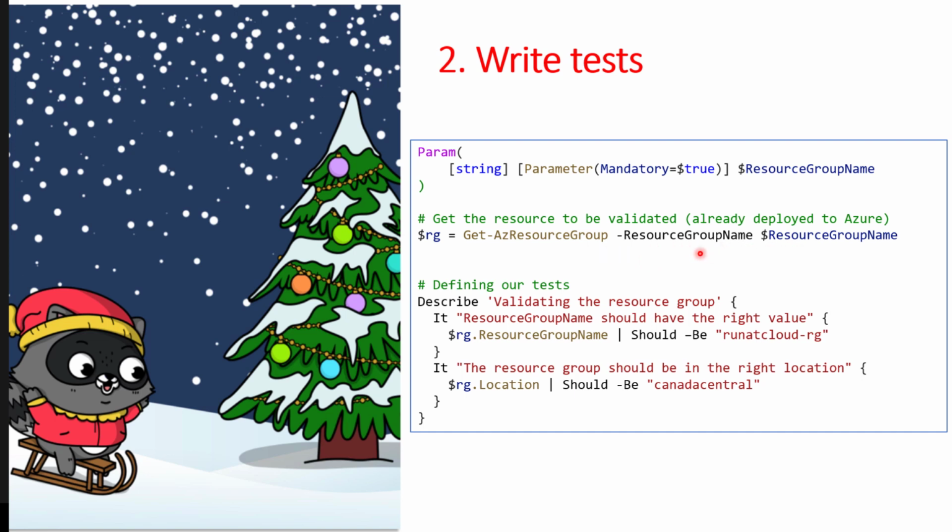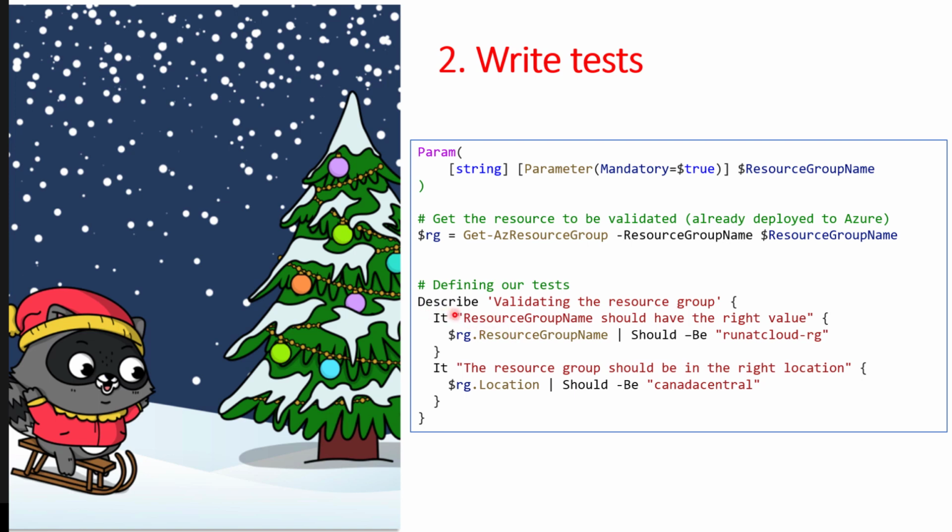And obviously this resource is already deployed, or should be already deployed onto Azure. So we get that resource group for which we pass the name as a parameter. And then we run some tests against that resource in order to validate its existence and its configuration.